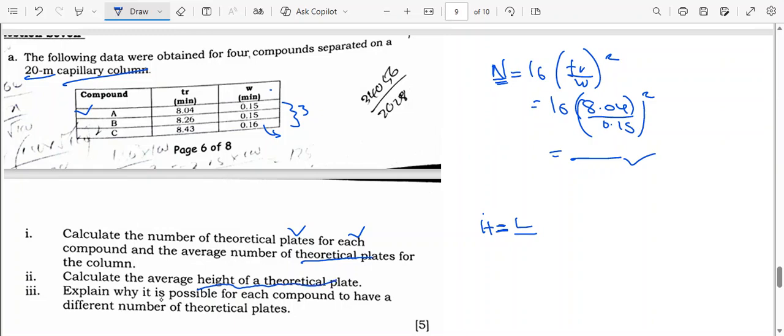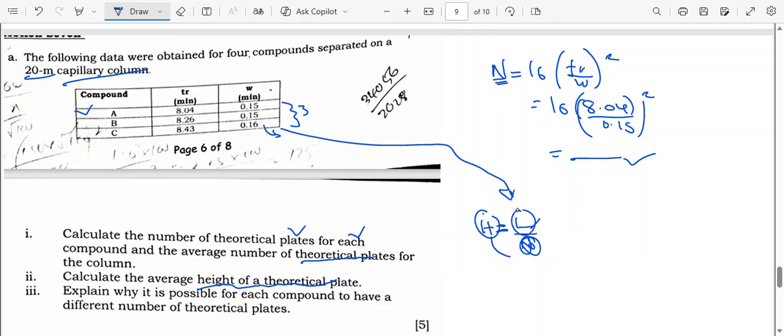So what we do is we apply the formula: height equivalent to a theoretical plate, given as the length over the number of theoretical plates. So you add these values and divide by the average, and you'll be able to find the height.